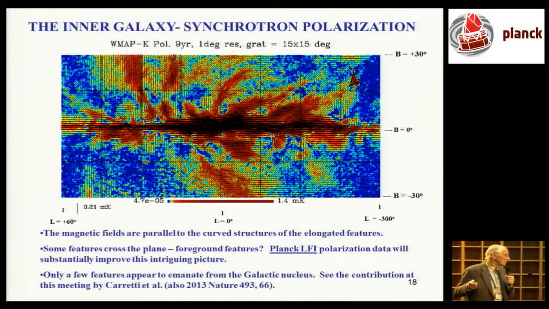They're not sort of random things in the sky, but you've got to understand that. And the Planck polarization data with higher resolution and more sensitivity combined with the WMAP is going to help us tremendously with that.